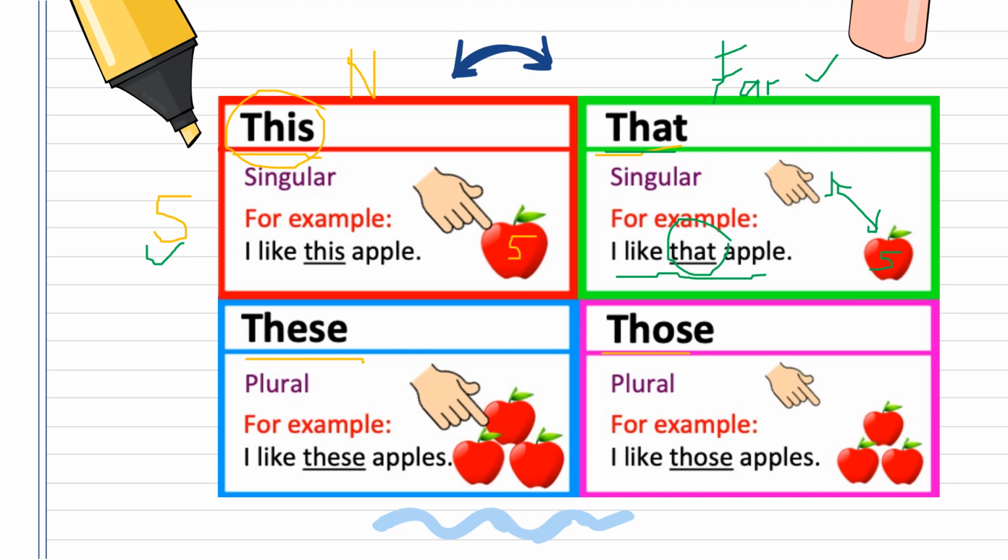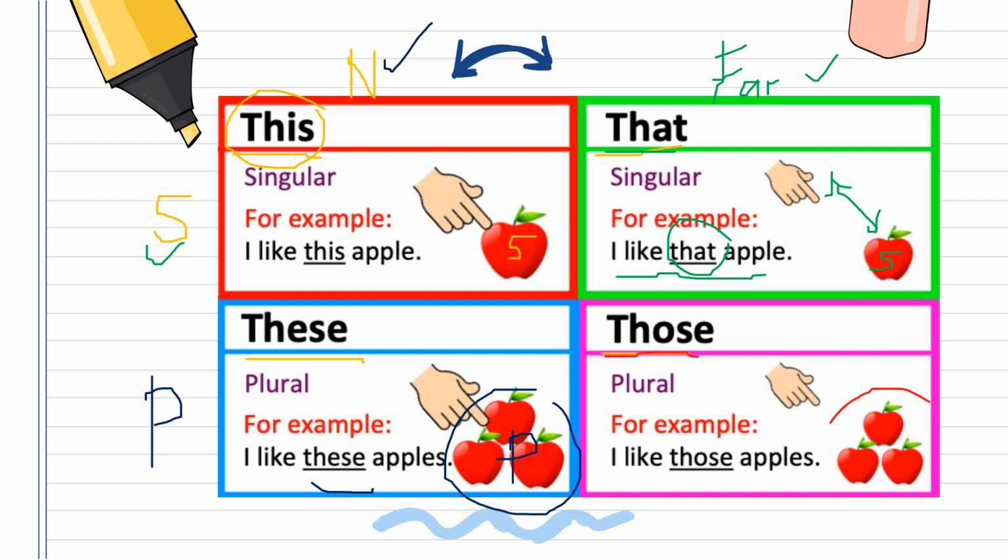Next, if it is plural, here we have plural apples, and it is near from the speaker. So the correct demonstrative pronoun to use is these. I like these apples. The last one is those.